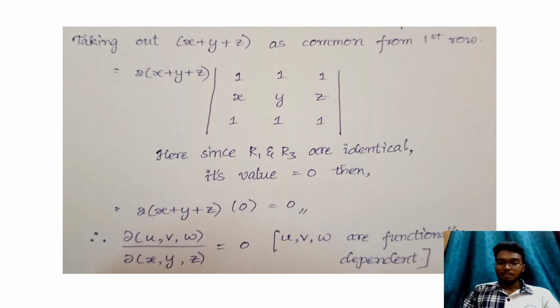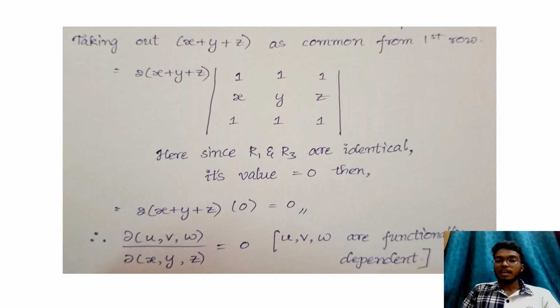In the next step, we take x plus y plus z as common, since it is common in the first row in all the columns. Now we get 2 times (x plus y plus z) times the determinant of 1, 1, 1; x, y, z; 1, 1, 1.